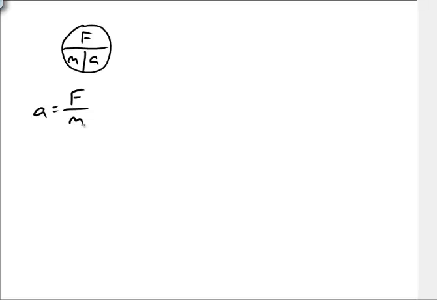Let's say we have an object with a mass of 100 kilograms, and it has a force acting on it of 1,000 newtons. We want to know the acceleration, so we put it into the formula.